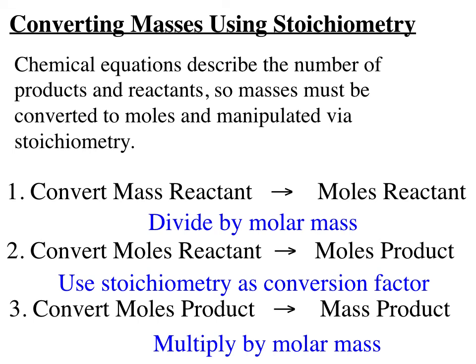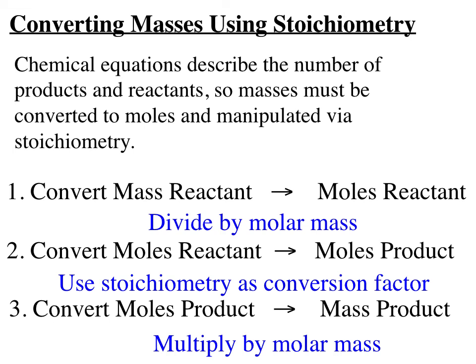Now there is, as we have learned, a connection between the mass of a reactant or product and how many are present in that sample of reactant or product. The connection between mass and how many is the molar mass. So what we do when we do laboratory calculations involving stoichiometry is we have to add an additional step onto each end.